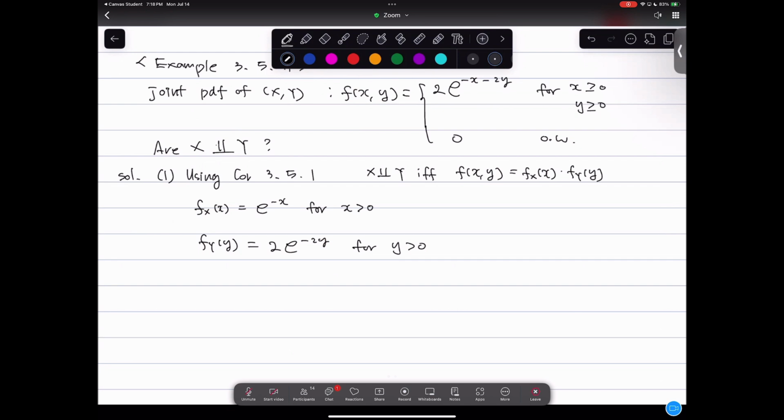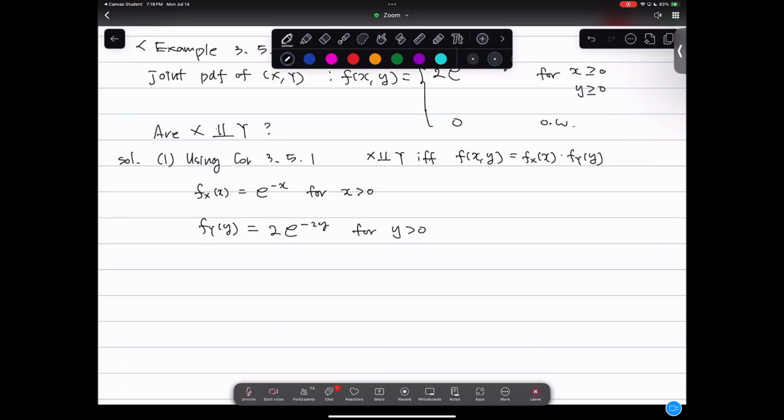Show that your joint is the product of the two marginals. X and Y are independent. So that's our way to go.